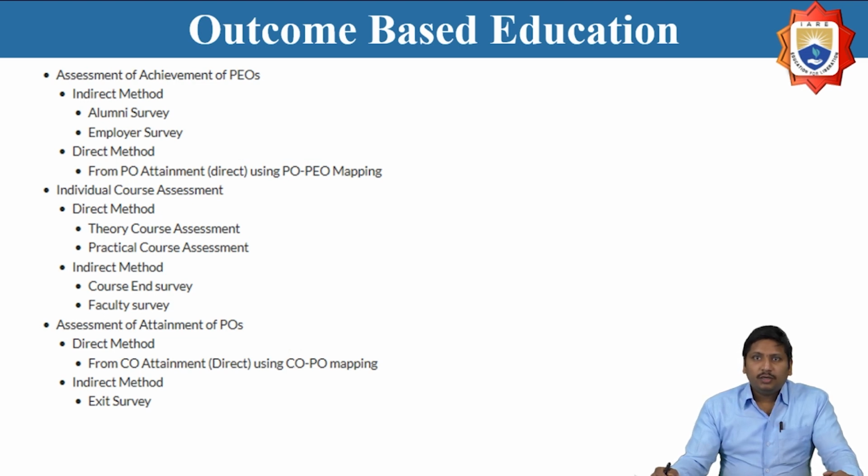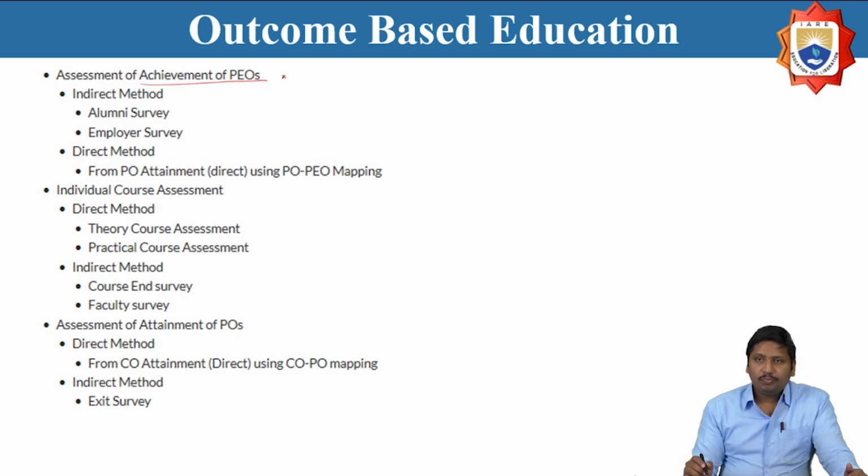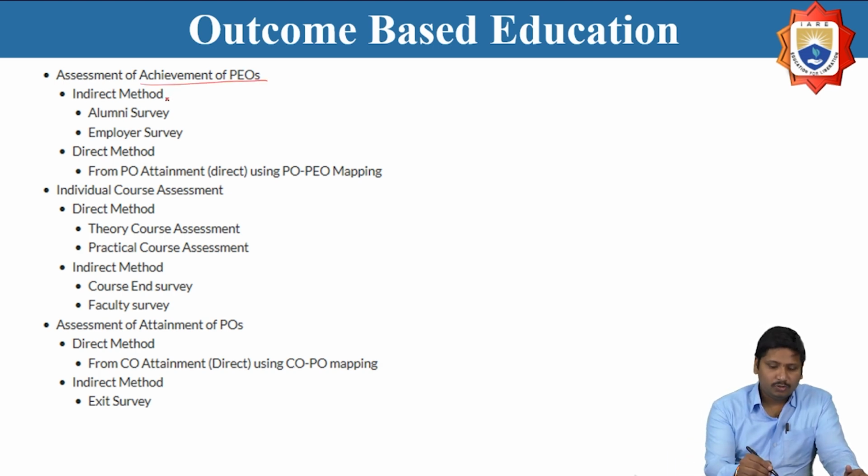So, assessment of achievement of POs. What are the different types of methods we are going to see now? For assessment of achieving POs, we have two types of methods, indirect and direct. The indirect method is implemented through an alumni survey or an employability survey.